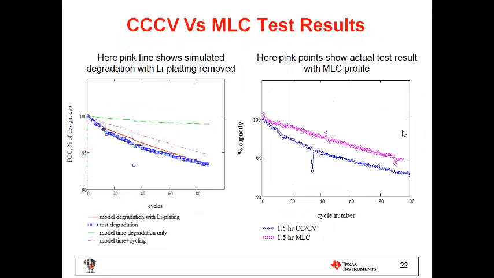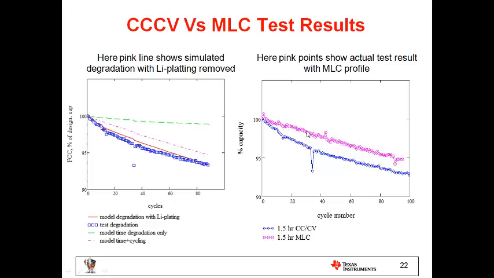We performed the testing of this protocol using our EVM, and we'll talk later about the hardware support for this. Here is the experimental data for CCCV 1.2C rate fast charging, basically 1.5 hour, and the pink line was the modeling. But here is the experimental data.